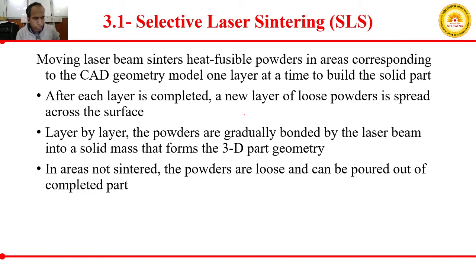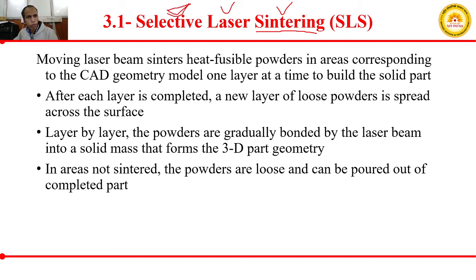Okay, in selective laser sintering, as the name indicates, there is some laser source and some sintering is taking place. Okay, at selective places. So on which selective places is the sintering taking place?